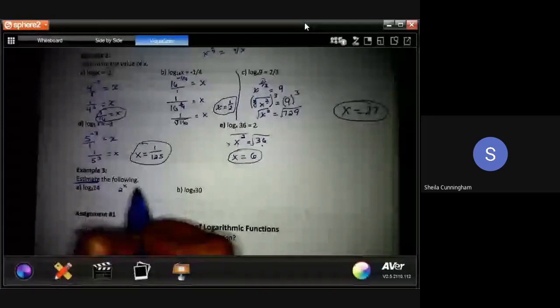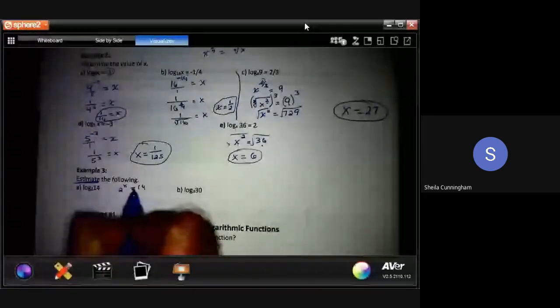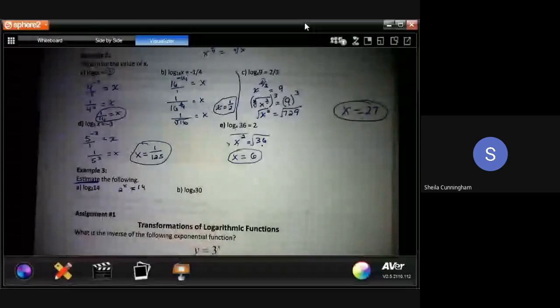So again, this is really saying 2 to some power has got to equal 14. Looking at that, I hope you're recognizing that there is no 2 to a whole number that will actually give me the answer of 14.